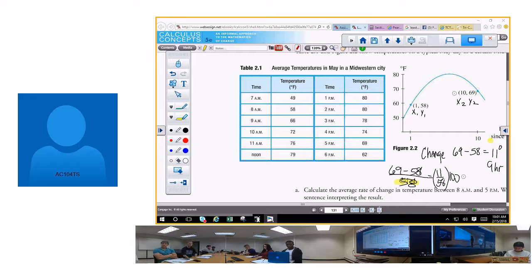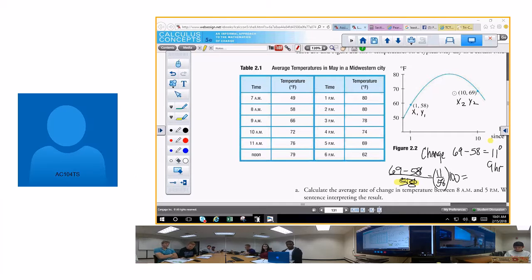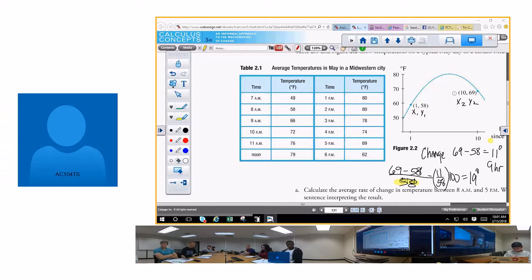What does that come out to be? 18.97. So 19 degrees. I meant 19%. Sorry. 19% increase. Why is it an increase? Because it's positive. So there's your percent change. And again, this is just familiarity. This is not hard math, but if you don't know what it is, you just sit there and stare at it.